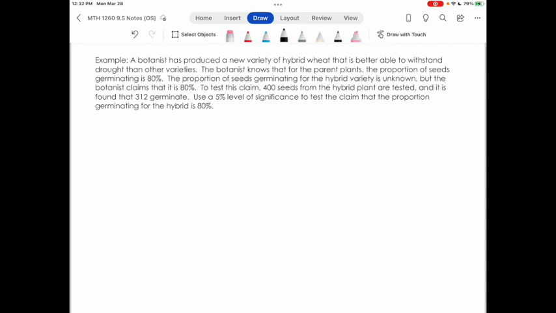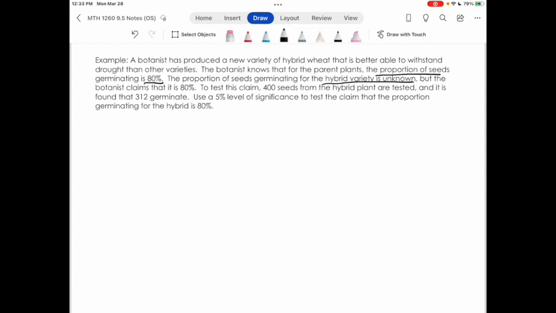So that's how you check your work on your calculator using the t-test option. Okay, in this last example, it says a botanist has produced a new variety of hybrid wheat that is better able to withstand drought from other varieties. The botanist knows that for parent plants, the proportion of seeds germinating is at 80%. The proportion of seeds germinating for the hybrid variety is unknown, but the botanist claims that it is 80%.